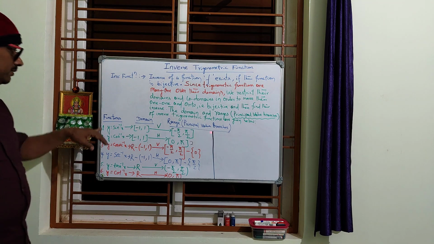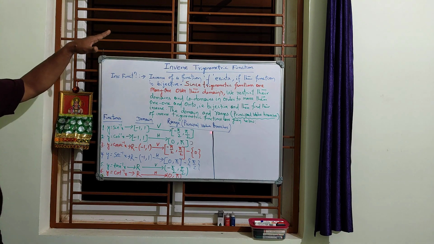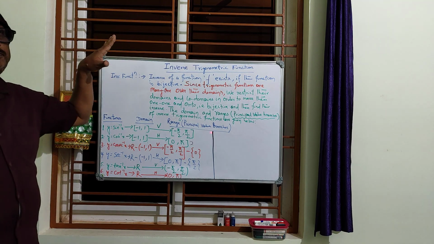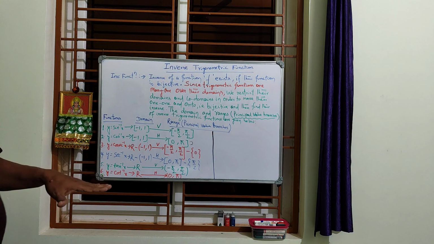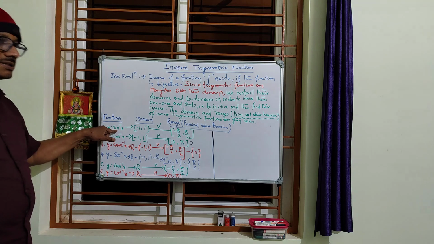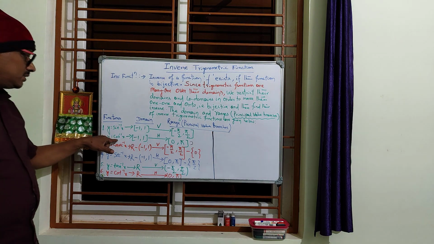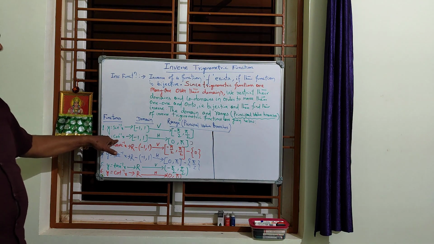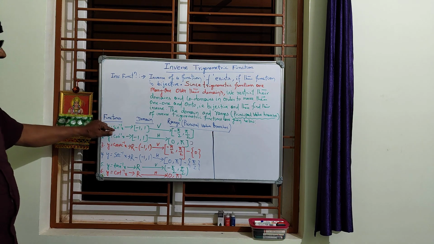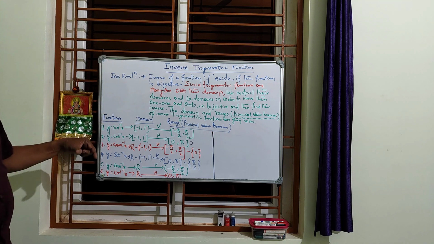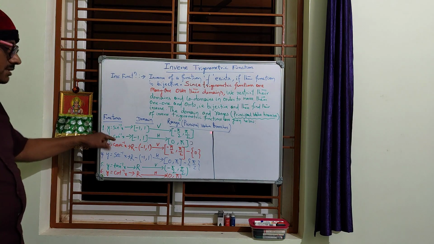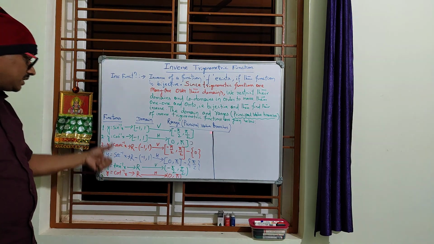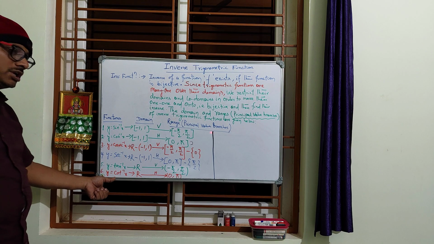Suppose the first function is the sine function, that is a primary trigonometric function. Inverse of sine function is sine inverse x. Inverse of cos function is cos inverse x. Reciprocal of sine means cosec, so cosec inverse x. Reciprocal of cos is sec, sec inverse x. Then tan inverse x, then cot inverse x.